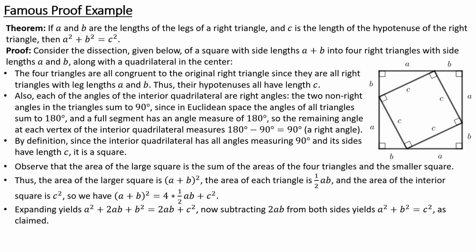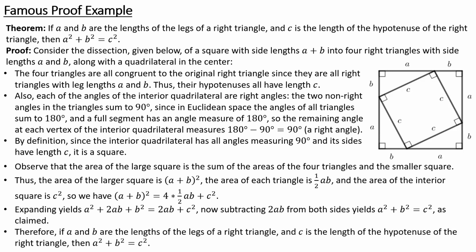That's my usual "therefore," but not always. And even more so than that, I always end with either QED or I've seen just a box. Sometimes there's a shaded box like that one right there that I just put up. Just something to verify that this is the end of this proof.